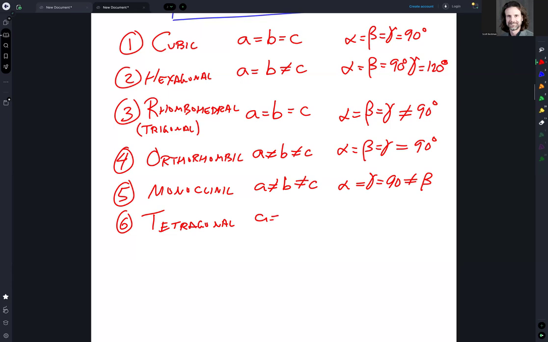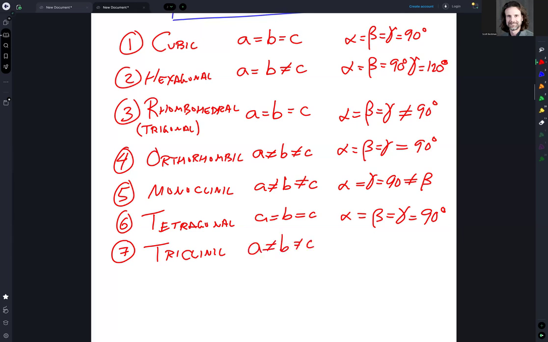In which A equals B is not equal to C, alpha equals beta equals gamma equals 90 degrees, and 7, we have triclinic, in which A is not equal to B is not equal to C, alpha is not equal to beta is not equal to gamma is not equal to 90.